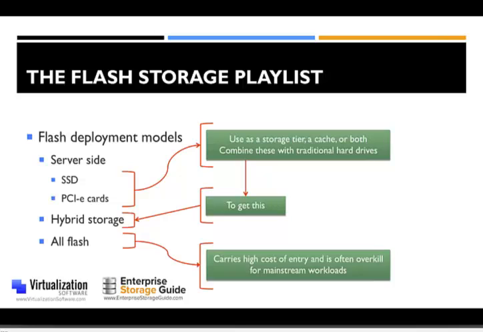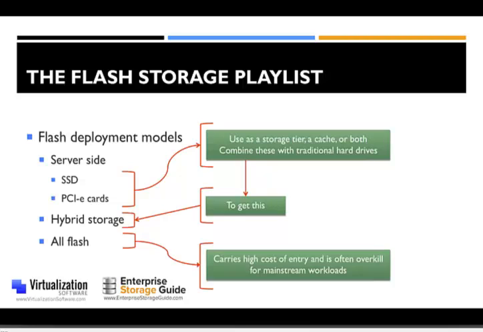That's why we take these SSDs or PCIe cards and combine them with traditional hard drives to get hybrid storage. And that's a sweet spot in a lot of ways, because we get the best of both worlds. We get capacity and we get performance, and we're able to provide a good balance for both.